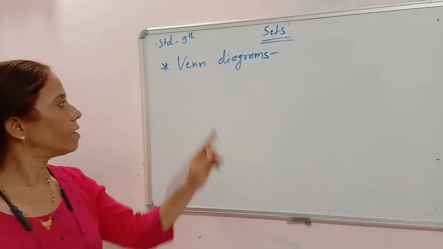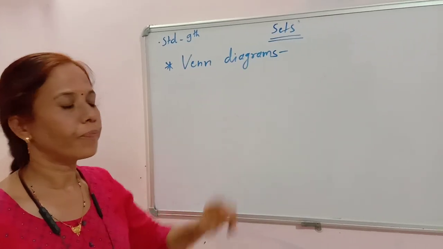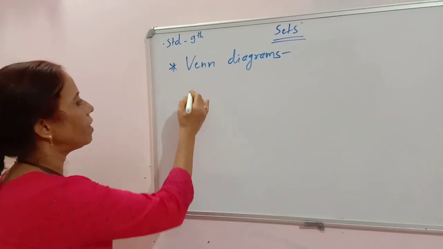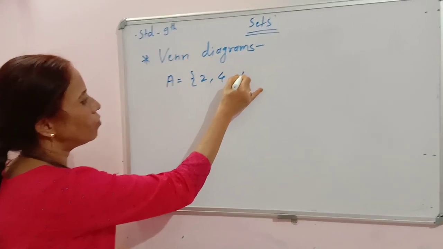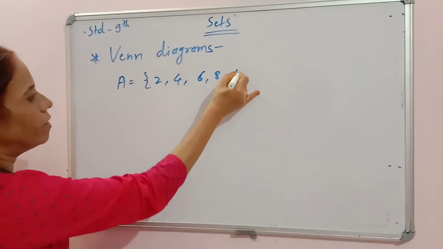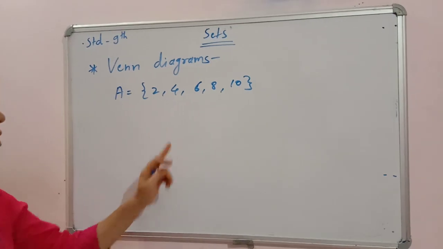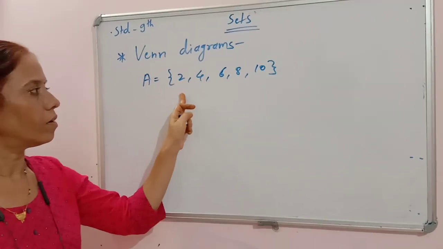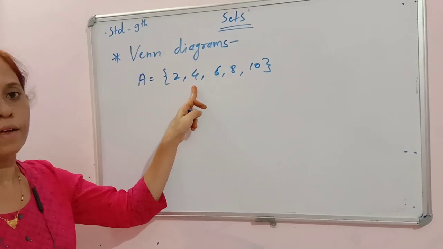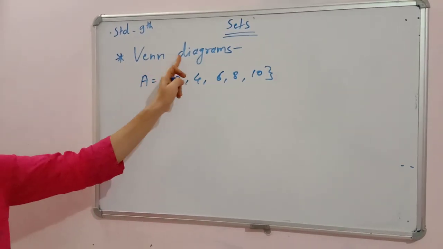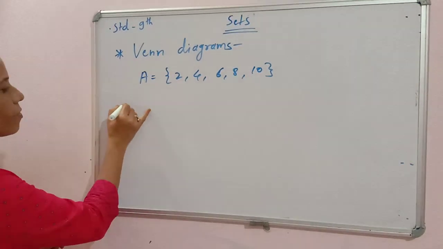The next topic is Venn diagrams. Okay. Now for example, A is a set which contains the elements 2, 4, 6, 8, 10. Then if we use closed figures to represent this set, then such representations are known as Venn diagrams.